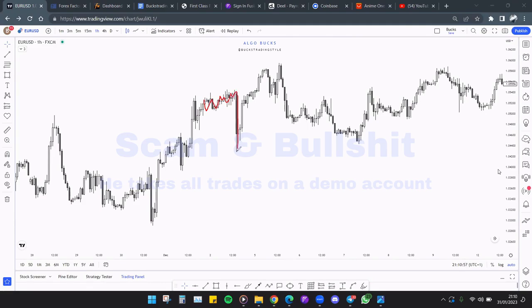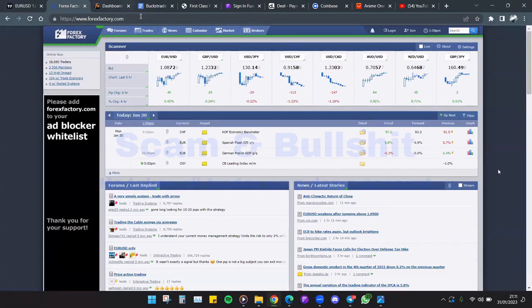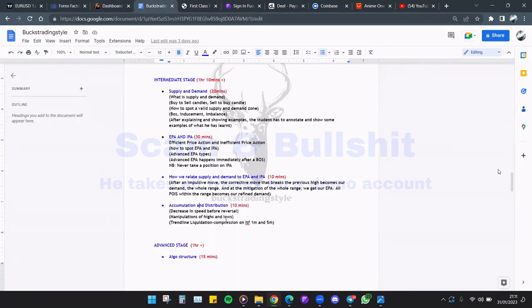When price came back down, don't forget the real move is often after the news. When price came back down, price went back up. So here we have accumulation, manipulation, and then the real move, distribution. So if you go back and check most of these news releases, this is what you get. Do you understand that? Yes.